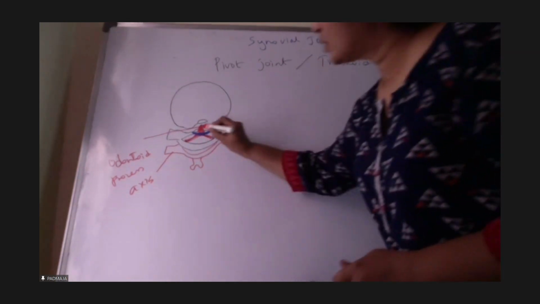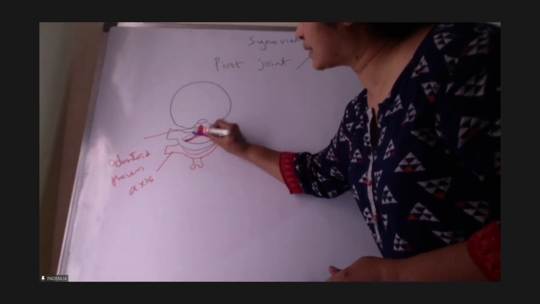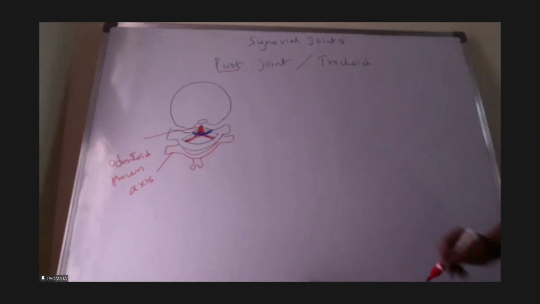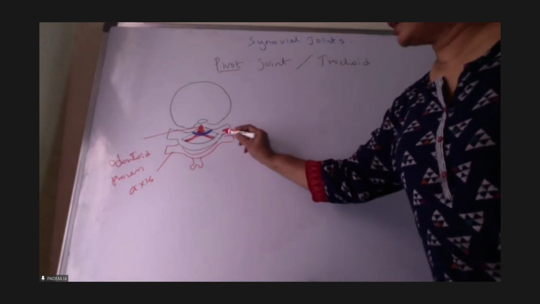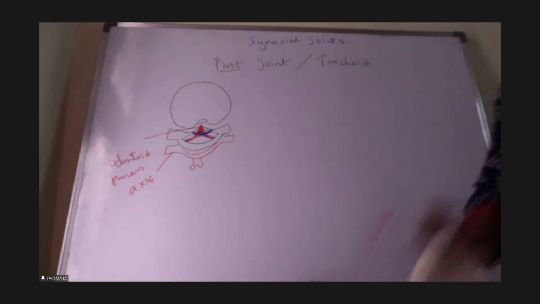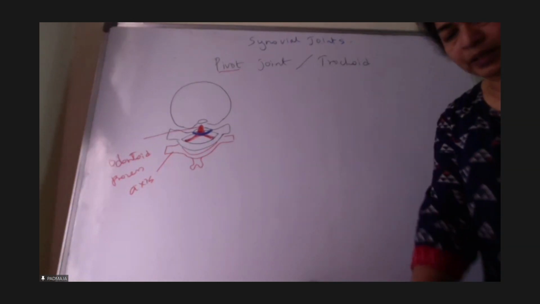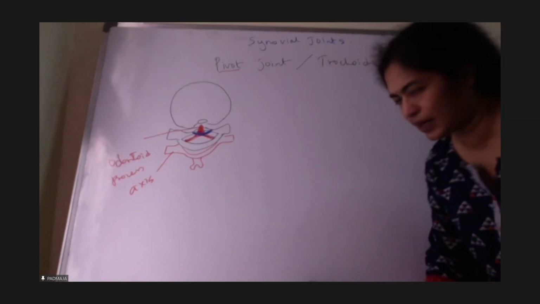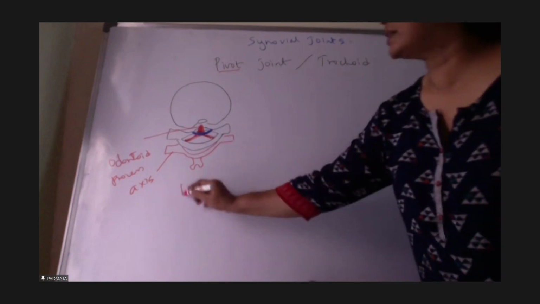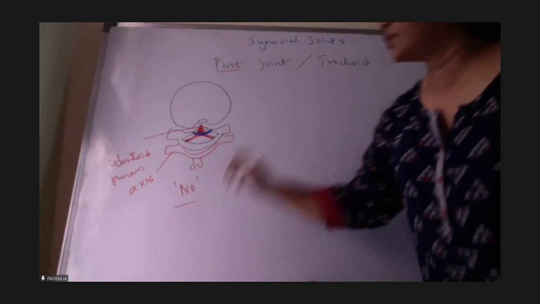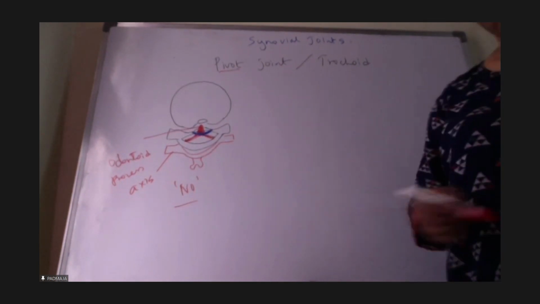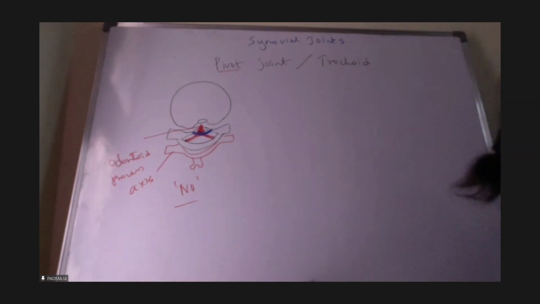Okay? So this is the best example for pivot joint, meaning the atlantoaxial joint, which allows the head rotation. So for example, to say no, you are utilizing this joint. Important.